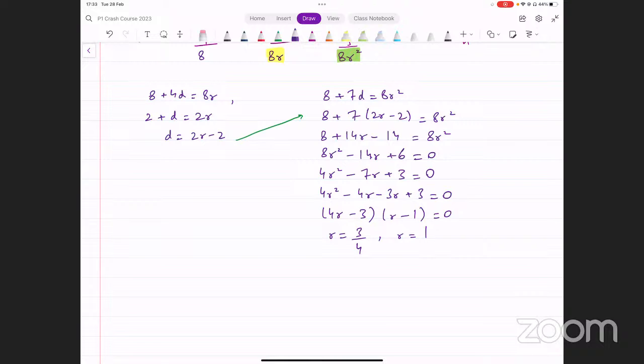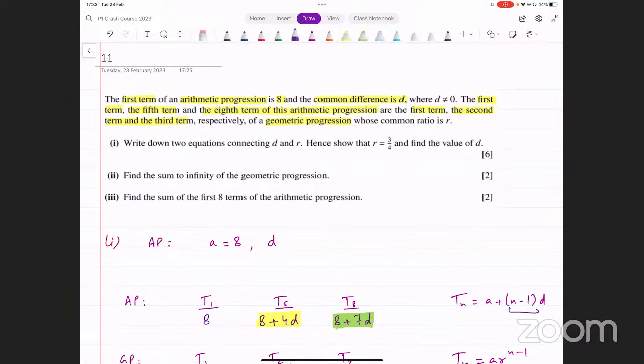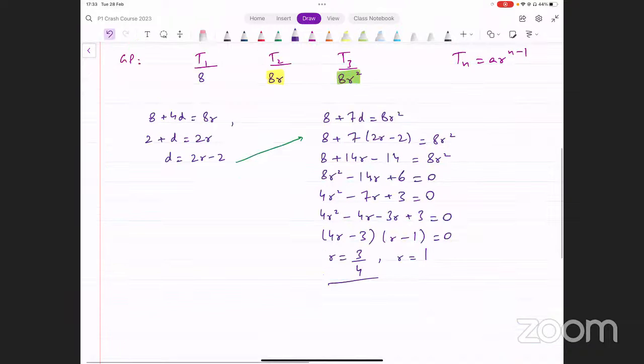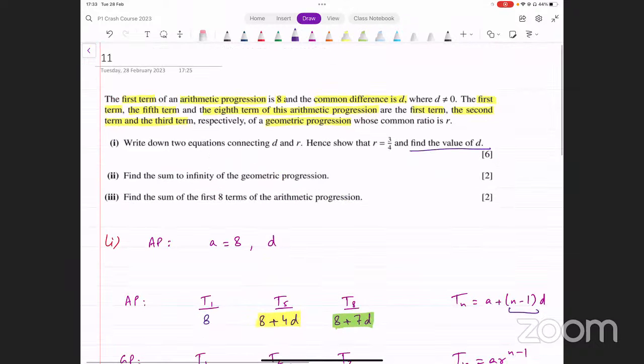Okay. These are the values of r and d that we're getting. It says show that r equals 3 over 4. We only have one value of r given there. That's 3 over 4. Okay, let's actually find the corresponding value of d first. It says also find the value of d.